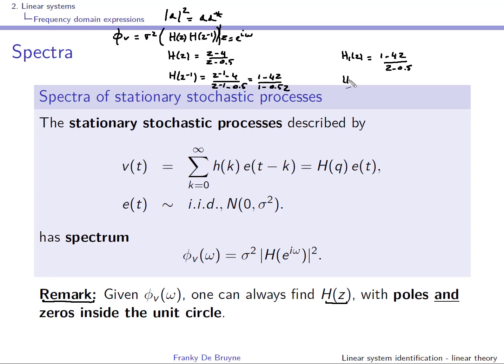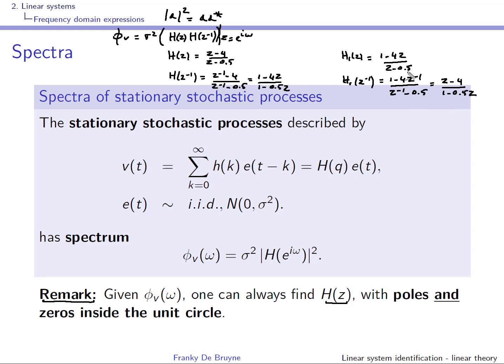So if we now write H1 of z minus 1 to compute the spectrum, we have 1 minus 4z minus 1, we have z minus 1 minus 0.5, so this is equal to z minus 4 over 1 minus 0.5z.